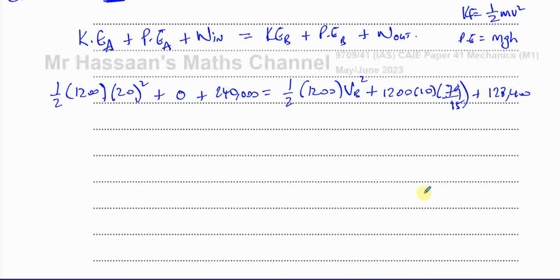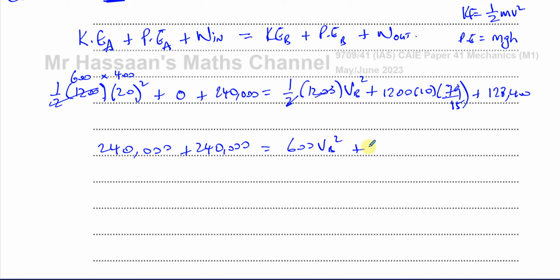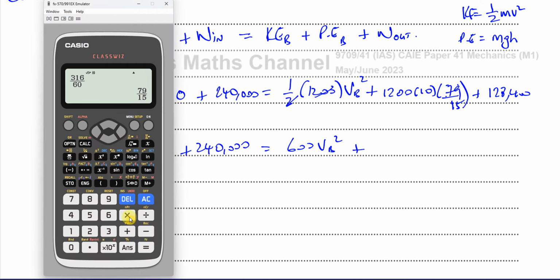So now we have to find what this is. Let me simplify this: that's going to be 600 times 400, which is 24 and 4 zeros. So 240,000 plus another 240,000, that's already given, equals 600 times VB squared plus, let me work that out, 17 over 15 times 10 times 1200.